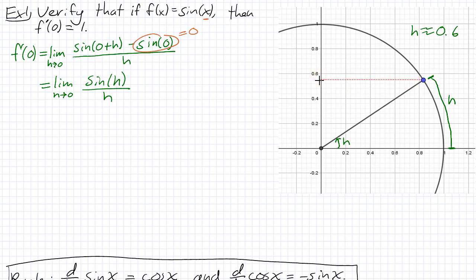So this y-coordinate here is sine of h, sine of that radian angle. And you can also think of that as the length of this opposite side of the triangle. That length is also equal to sine of h.